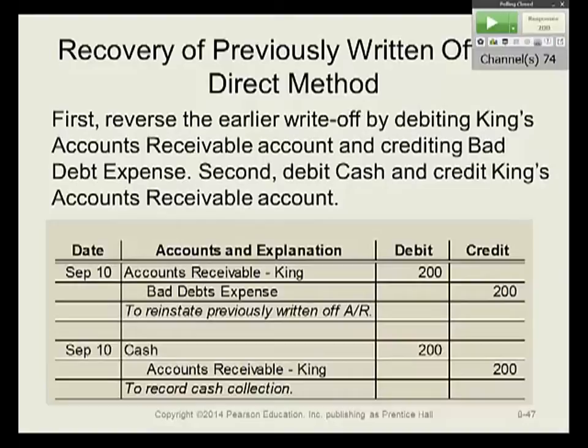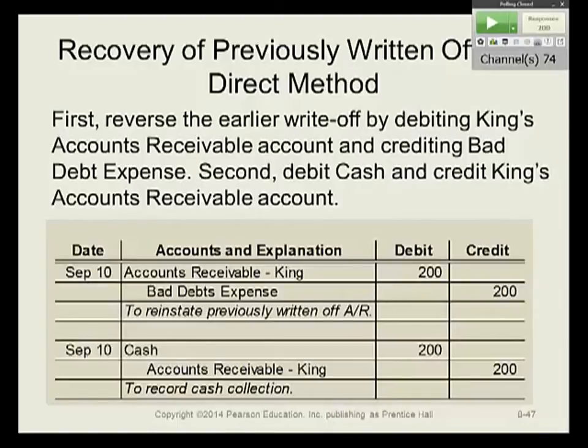Any questions on the direct write-off? There are some questions in the back of this module, but they're pretty much definitional. I'll ask you some other questions on the allowance method, which I think is more important. One of them is really addressing whether it matches cost with revenue, or why it isn't acceptable for GAAP. Just realize that this is not acceptable for GAAP because it is not matching the cost of doing business on credit with the revenues generated.